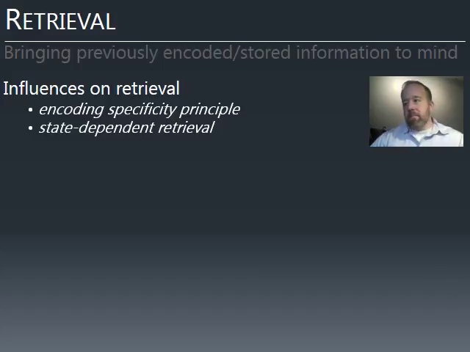Similarly, if you're perhaps under the influence of a drug or alcohol, that information that you learn in that context is easier to retrieve if you're back in that state again. So your internal state matters when it comes to retrieving information, whether it's an emotional state or some other physical state.